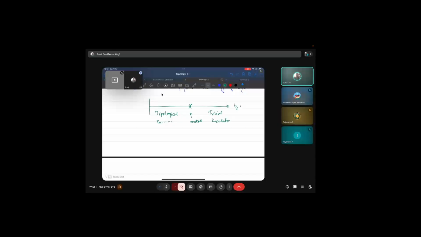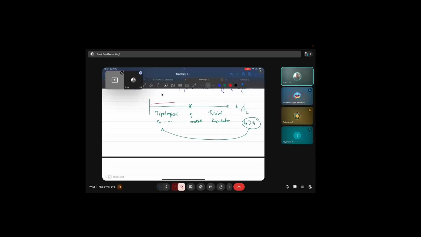So this is T2 by T1, or no, sorry, this should be T1 by T2, because when T2 is greater than T1, we saw that this is the topological case.